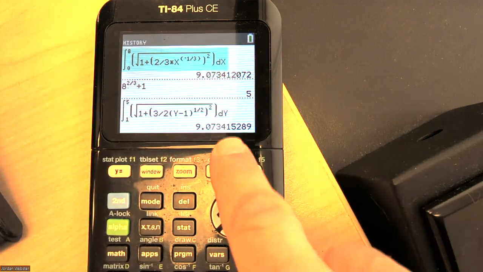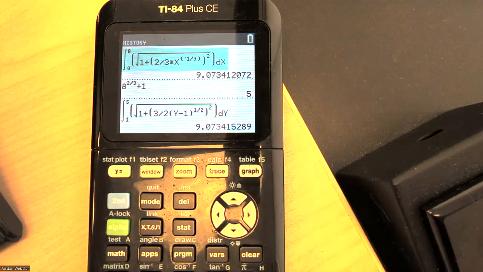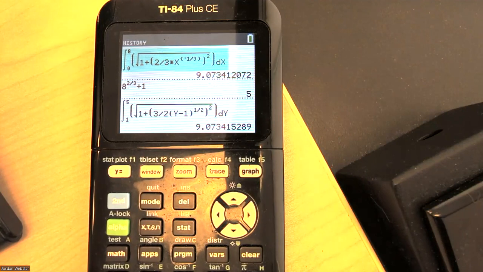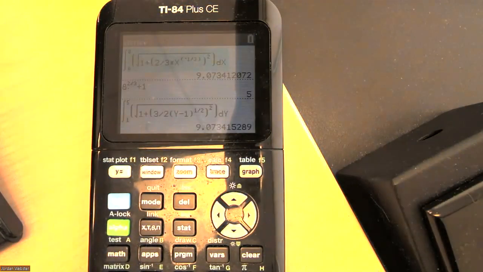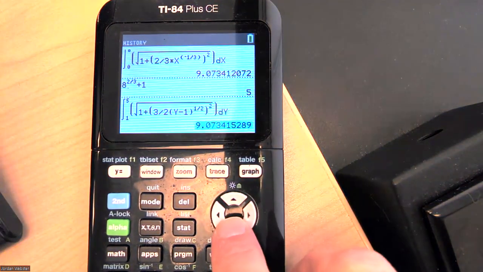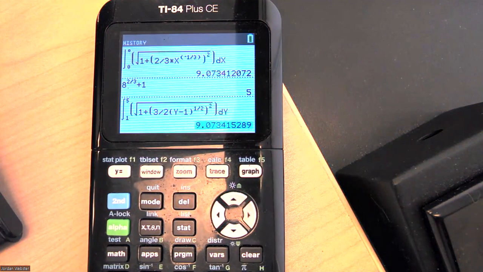So obviously it doesn't make a difference if we round to 2 decimal places, but if somebody were to say, well, let's round this to 9 decimal places, you might get a slightly different answer.